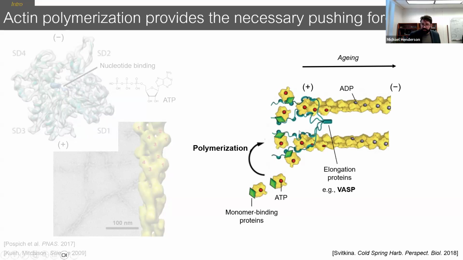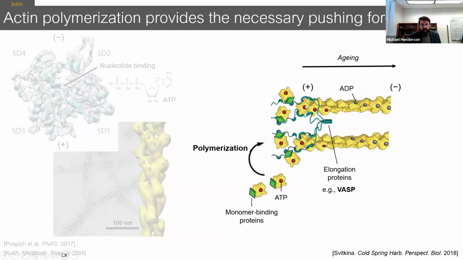For a basic understanding of actin polymerization, you can take these actin monomers that are bound with adenosine triphosphate. These get funneled to the growing plus end of the filament, often mediated by polymerases, also known as elongation factors, like a particular protein I'll mention later called VASP.